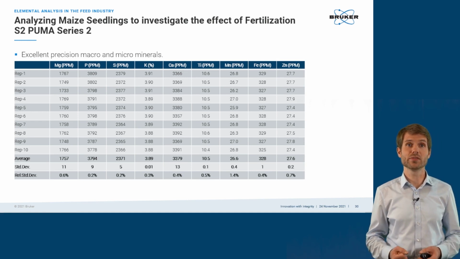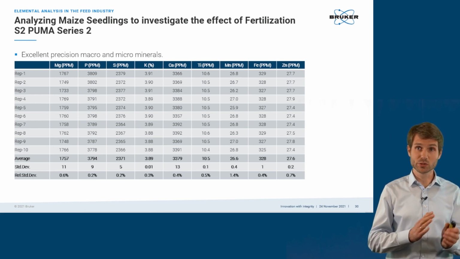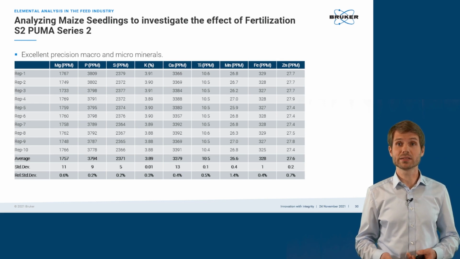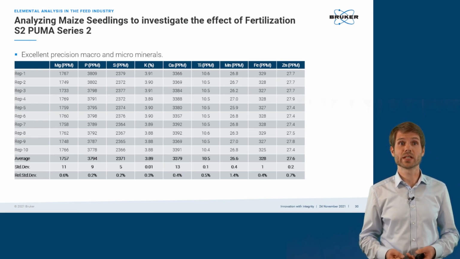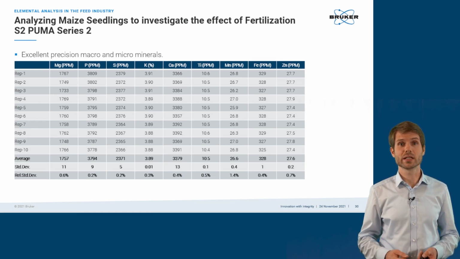Here we don't have sodium, but we have also magnesium. So this smooth surface that we're creating here really helps us to get a nice intensity and very good statistics with a very simple type of preparation and calibration.